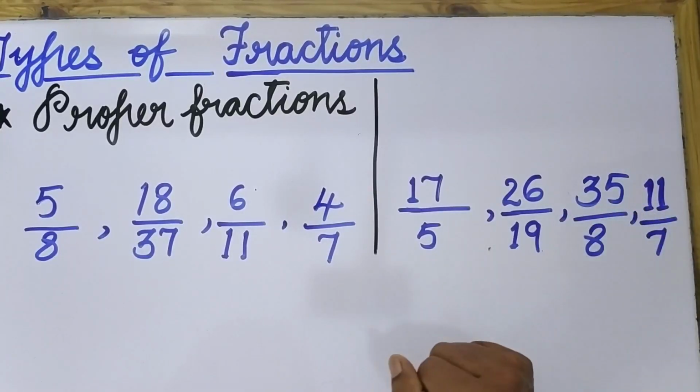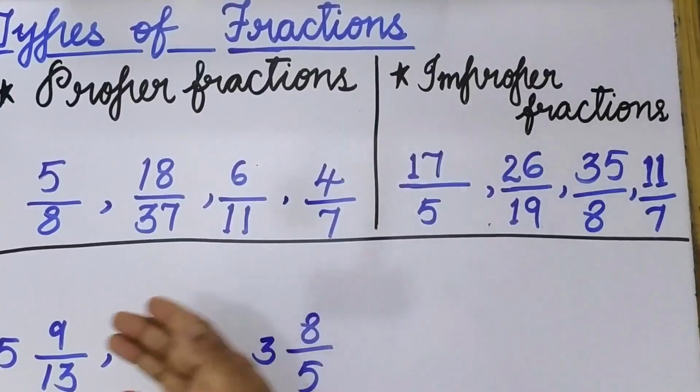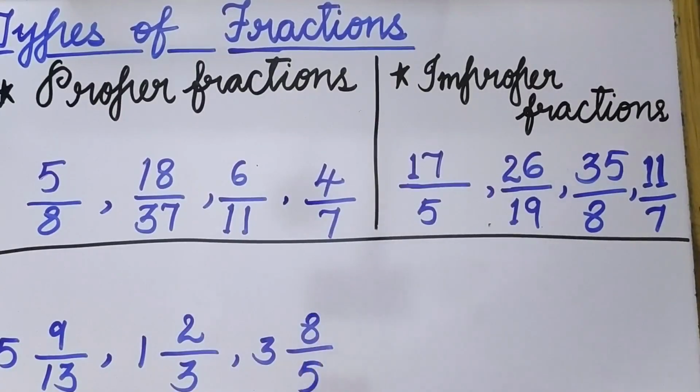Such fractions are called improper fractions. What about this group of fractions? Here we have a whole number, a complete number, along with the proper fraction. It's a combination of whole number as well as proper fraction. Such fractions are called mixed fractions.